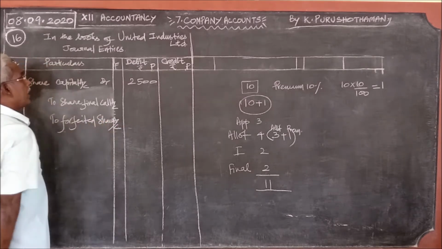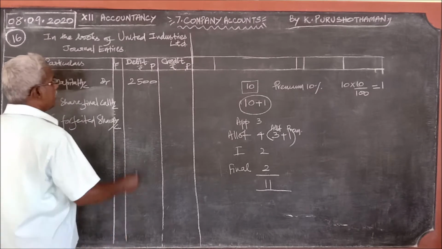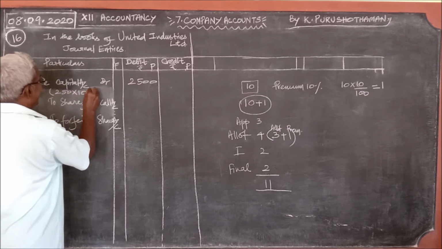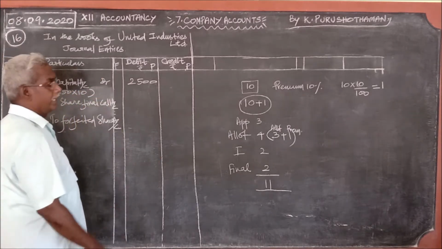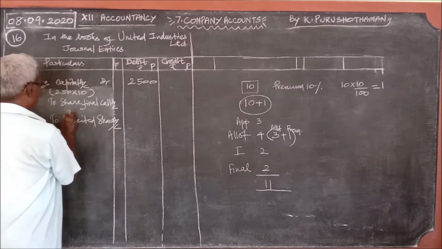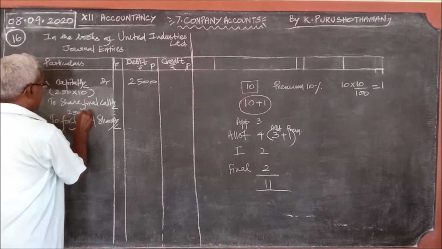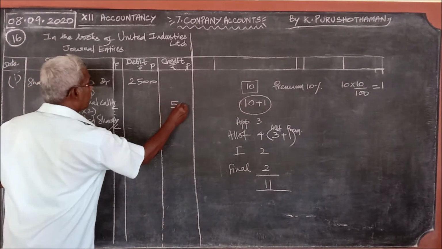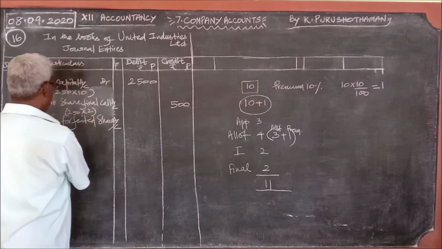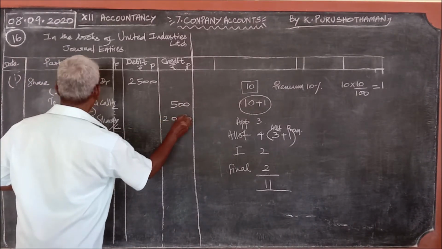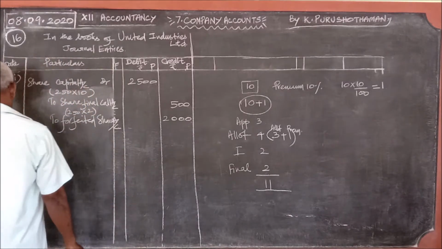In share capital, we should write the total value of 250 shares, 250 into 10, 2,500. Then what is the final call amount? 250 into 2, that is 500 rupees. We should write that here. What is the balancing figure? 2,000 rupees. This should be written in forfeited share account.